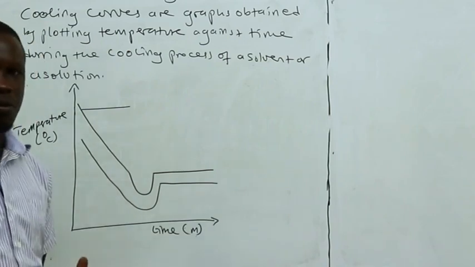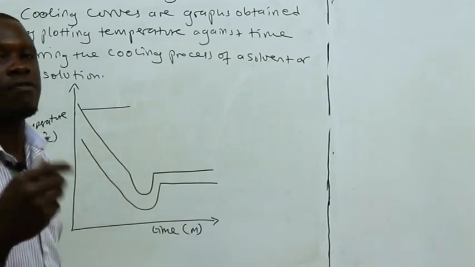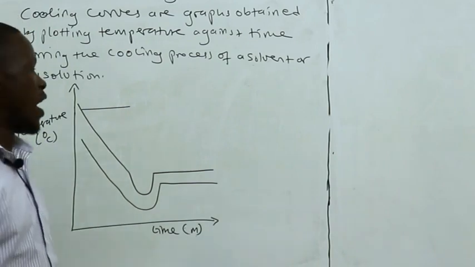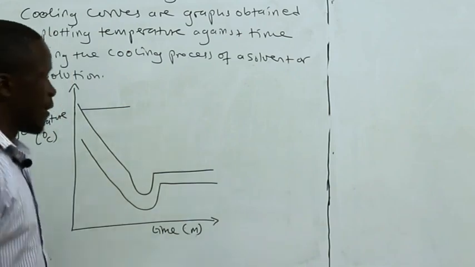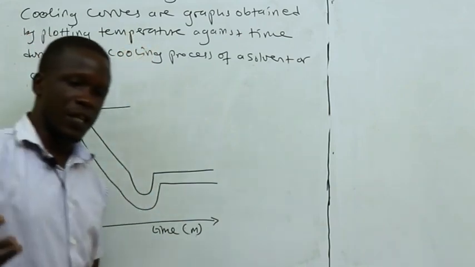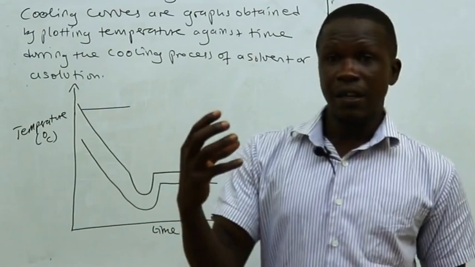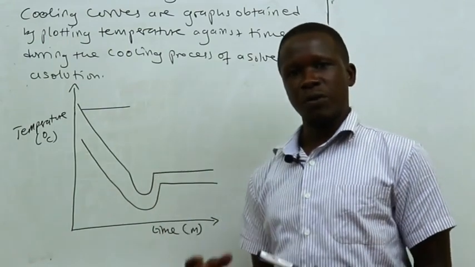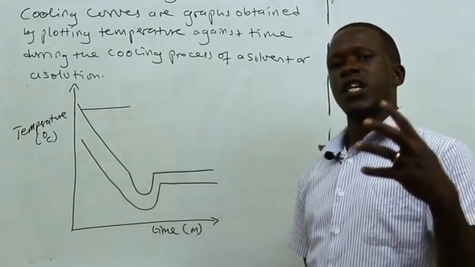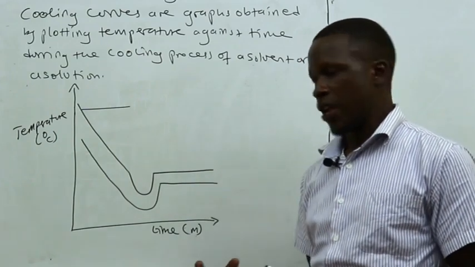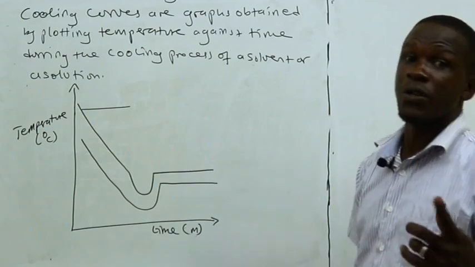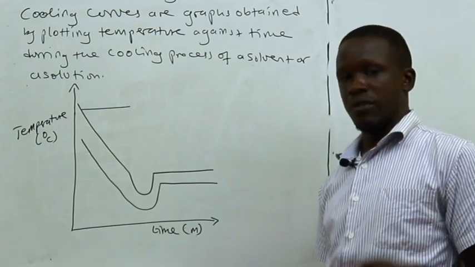Now the other question is, where is the freezing temperature? In a typical cooling curve, this is what will happen: when you're cooling any solvent or a solution, the temperature of the solvent or solution will start to decrease. And as it decreases, it will reach a point when it remains constant.